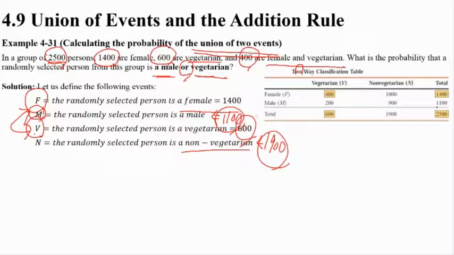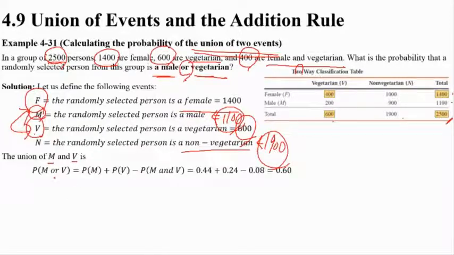So it looks like that. Okay, one more time. Female 1400, male 1100, and vegetarian 600, non-vegetarian 1900. Total 2500. So we're looking for male or vegetarian.